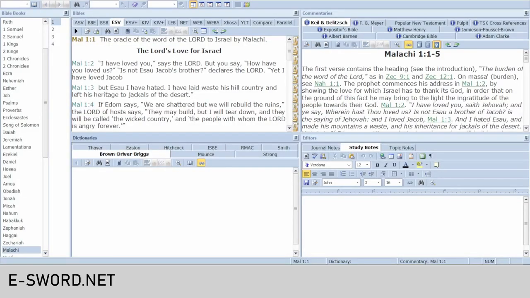When we look at my particular installation of this, when you first install it, you're not going to have everything that I have. You're not going to have all these different translations up here, or all of these different commentaries over here, or the different word research tools down here. So you actually have to go up to the top, which you can't see in my screen recording for some reason, but in the menu, there is an option that says download, and you can select Bibles.